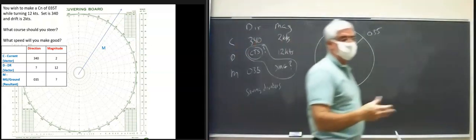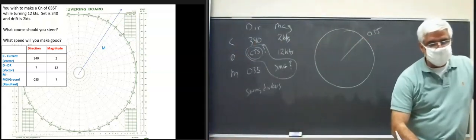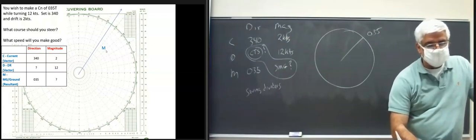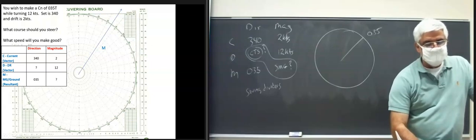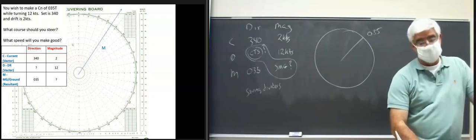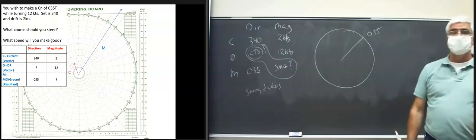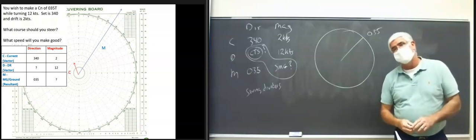It turns out that this is 1, 2, 3, 4, 5, 6, 7, 8, 9, 10. But look, there's 11, there's 12. I can plot 12 on the scale of this thing. I'm going to make each of these things 1 mile. So boom, there's the current. 340, 2 miles.